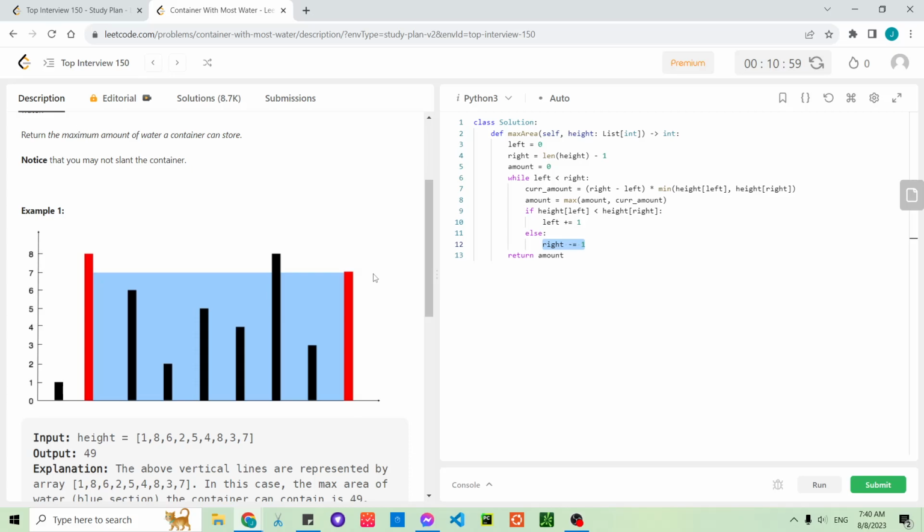Because the only interesting cases are when the height is higher within these two same height. And since these two are the same and there is a higher height in the middle, those two pointers will be moved towards the higher one.